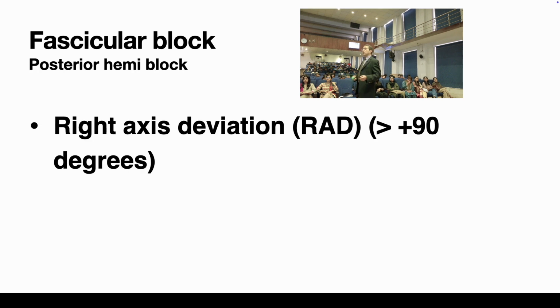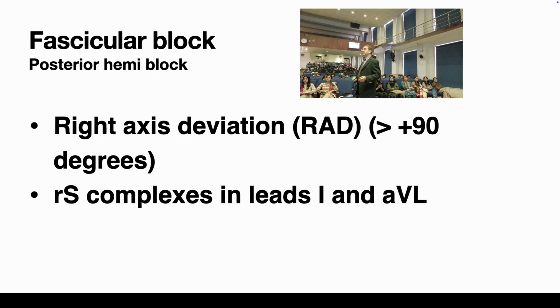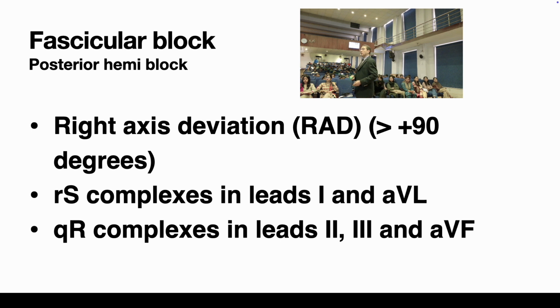While in posterior hemiblock, you've got right axis deviation. So lateral leads show downward complexes, with a predominant S wave, while the inferior leads show predominantly upward complexes, with a predominant R wave. So in anterior hemiblock, there is left axis shift.